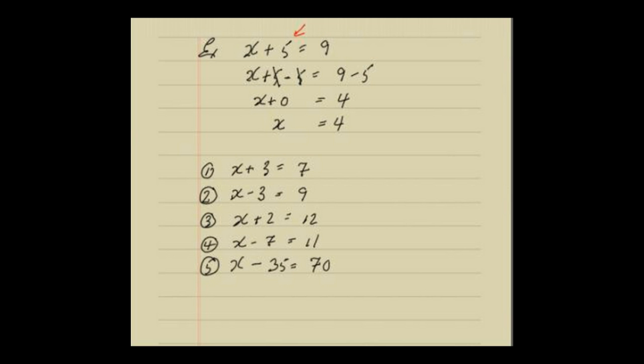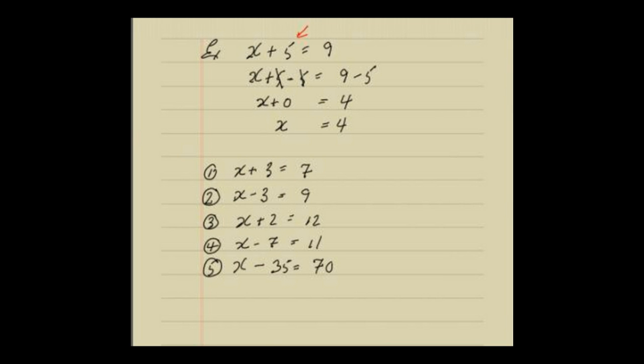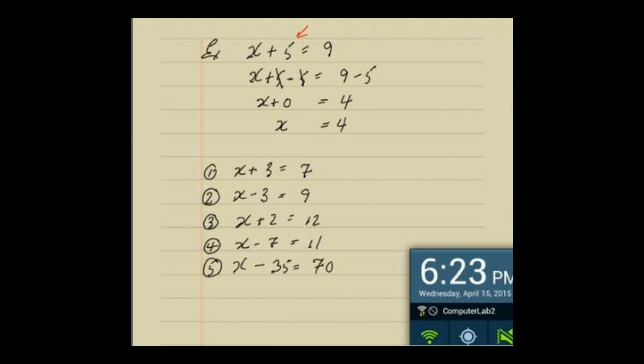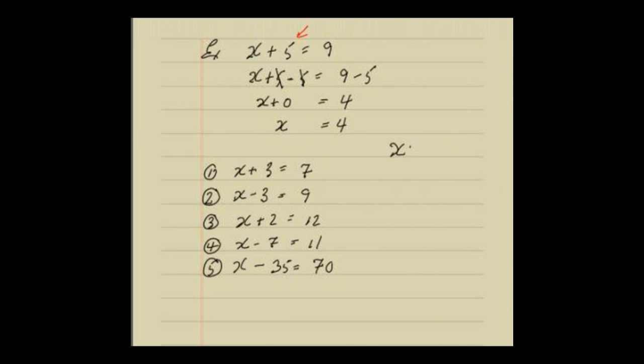Do these quickly. Okay, so for x plus 3 equals 7, the first thing that we need to do is isolate the x, so it's x plus 3 minus 3 equals 7, and to balance, minus 3.